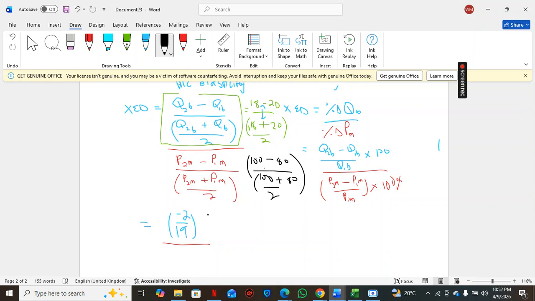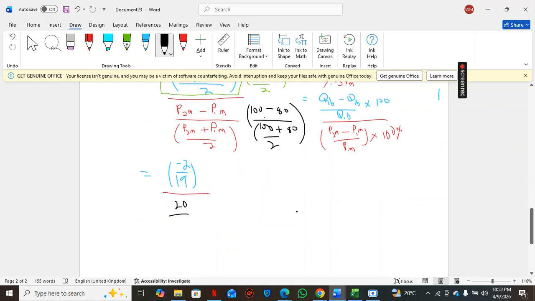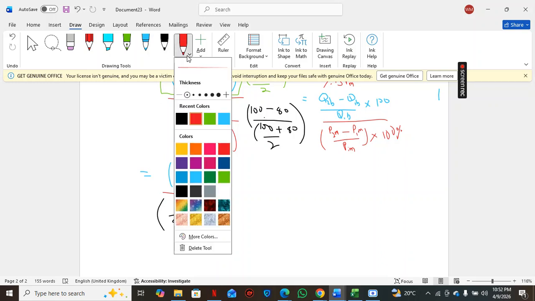So 100 minus 80 is 20, over 100 plus 80, that's 180. 180 divided by 2 is 90. So 20 over 90. Then we simplify further so that we get our answer.